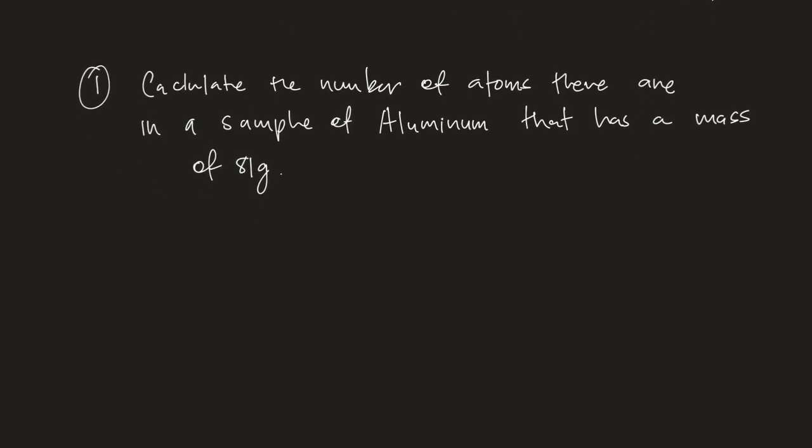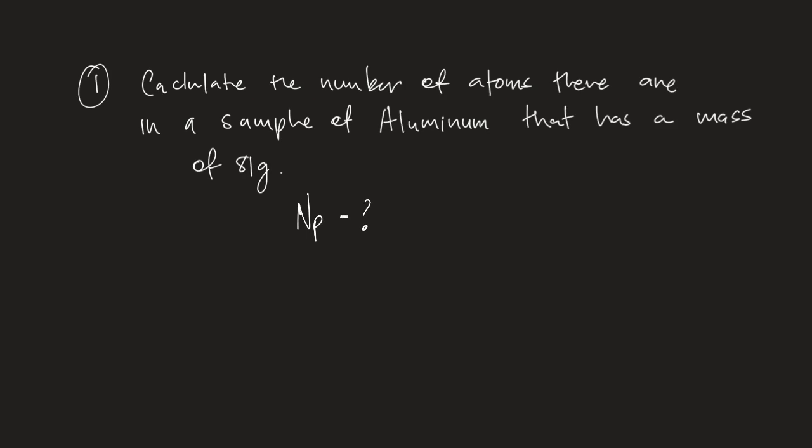All right, so let's just see what you have here. So they want number of atoms. So they want Np, which you don't have. They're giving you aluminium, so you know the molar mass of aluminium that you get from your periodic table. So you go straight to your periodic table and you pull that up. Aluminium is 27. So that's 27 grams per mole. They've given you the mass at 81 grams.